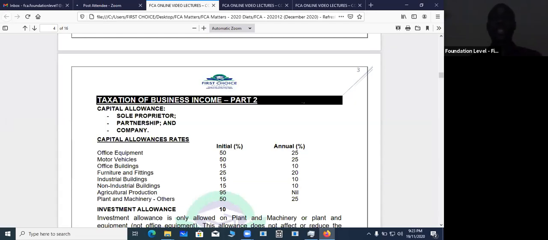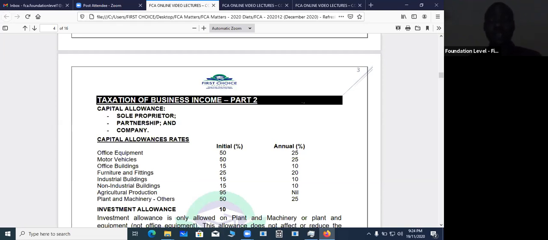So we'll be talking about business income, part 2, capital allowance. I was making a point that capital allowance is one of the big areas in the syllabus. And one thing about it is time wasting.